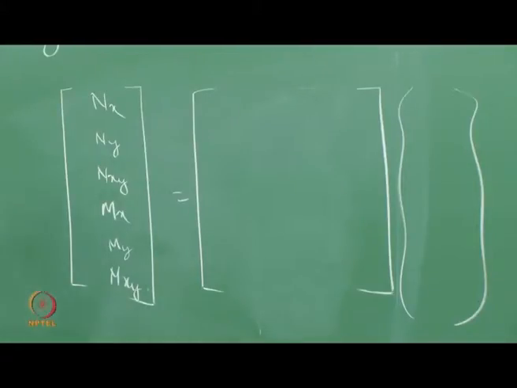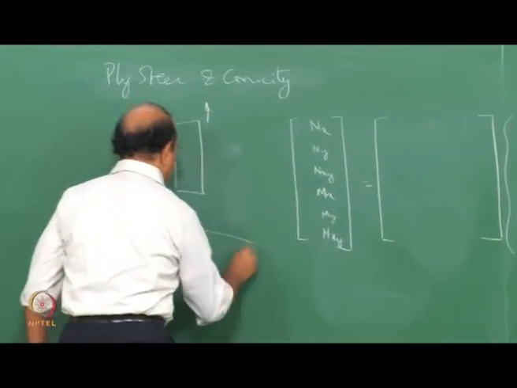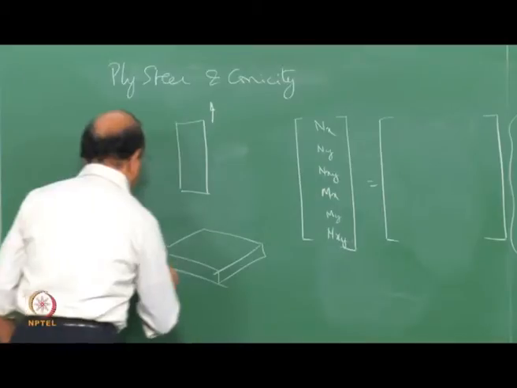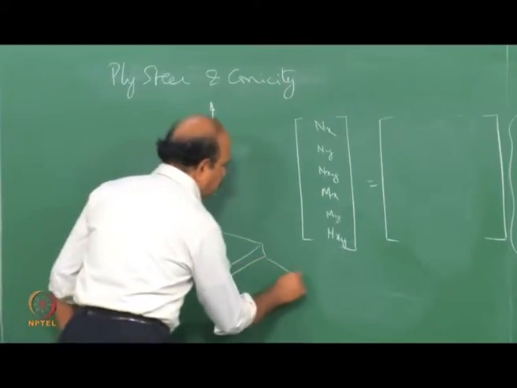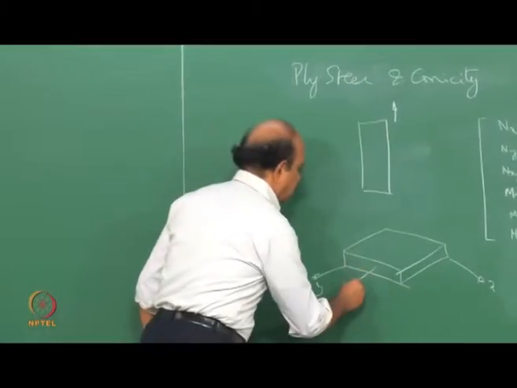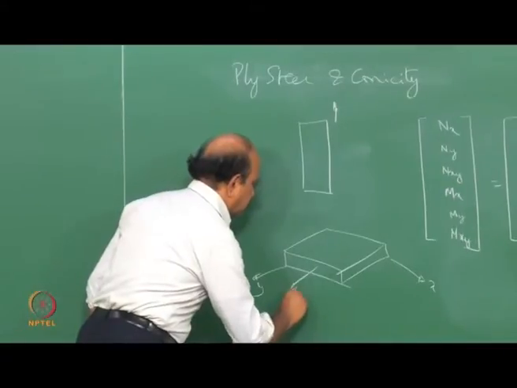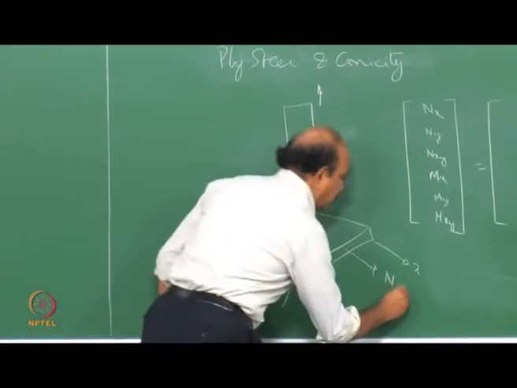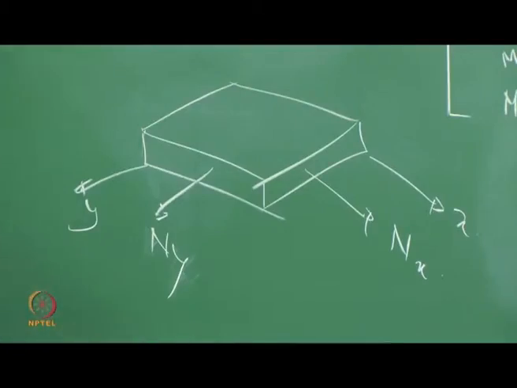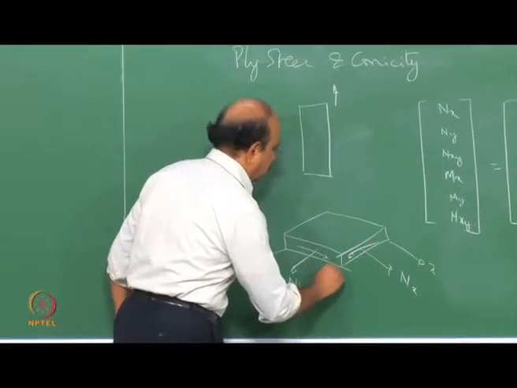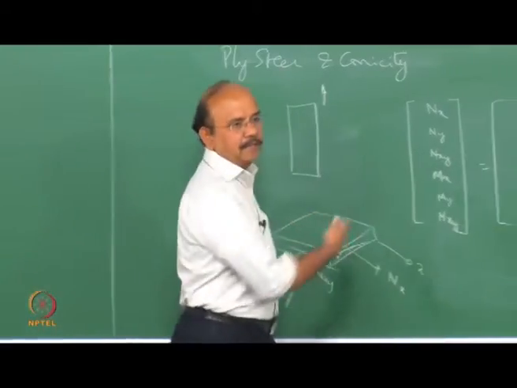Right? Okay. What is this? If I have a laminate like this, just give a small thickness to it so that the thickness is say 2h, and let's say that is the y direction and that's the x direction, and the force that is pulling here is nx, and nxy is this, and nxy, nyx, and so on.